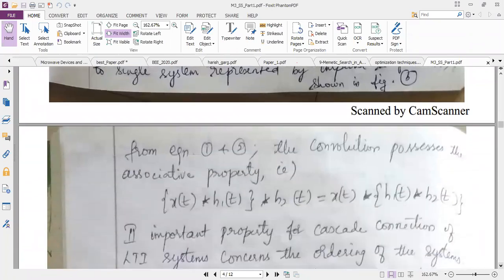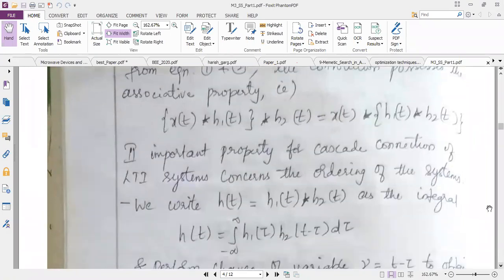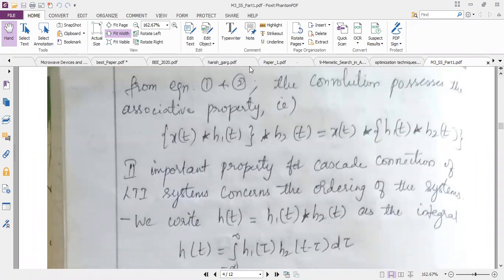Yes, ma'am. See, now in the parallel connection, we have discussed a property, the distributive property. Similarly, for series connection or cascade connection, it also possesses some property. The first property is the associative property. Associative property, you have studied in mathematics or basic electronics.